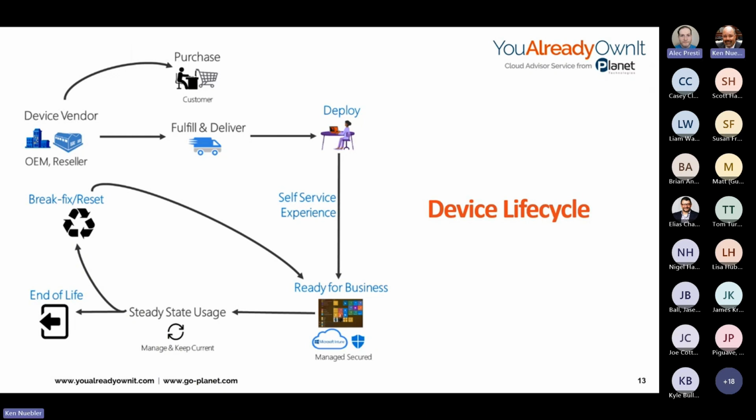Anything else to add here, Alex? Yes, absolutely. The one thing I'll just add upon is the break fix reset scenario that we see here. So not only can you order the devices directly from the vendor, have them delivered to the user, get them up and running immediately, but for the break fix reset piece, you actually have two things you can do here, where ultimately you're taking support to the next level.